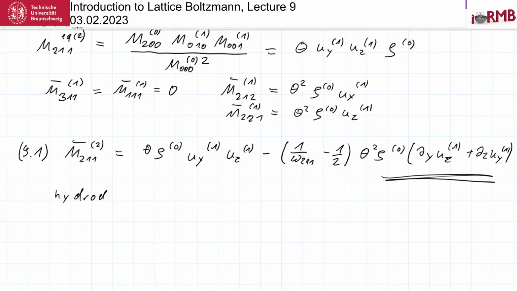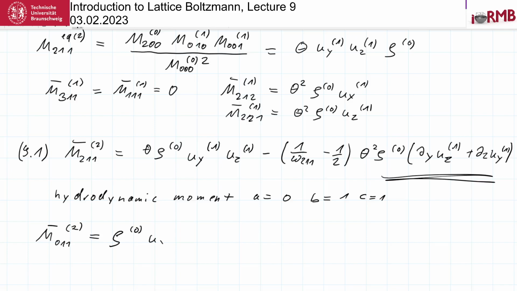Because if we look at the hydrodynamic moment, a specific one, A0, B1, and C1, then we have this guy, M011 bar to second order, rho 0 uy 1 uz 1 minus 1 over omega.